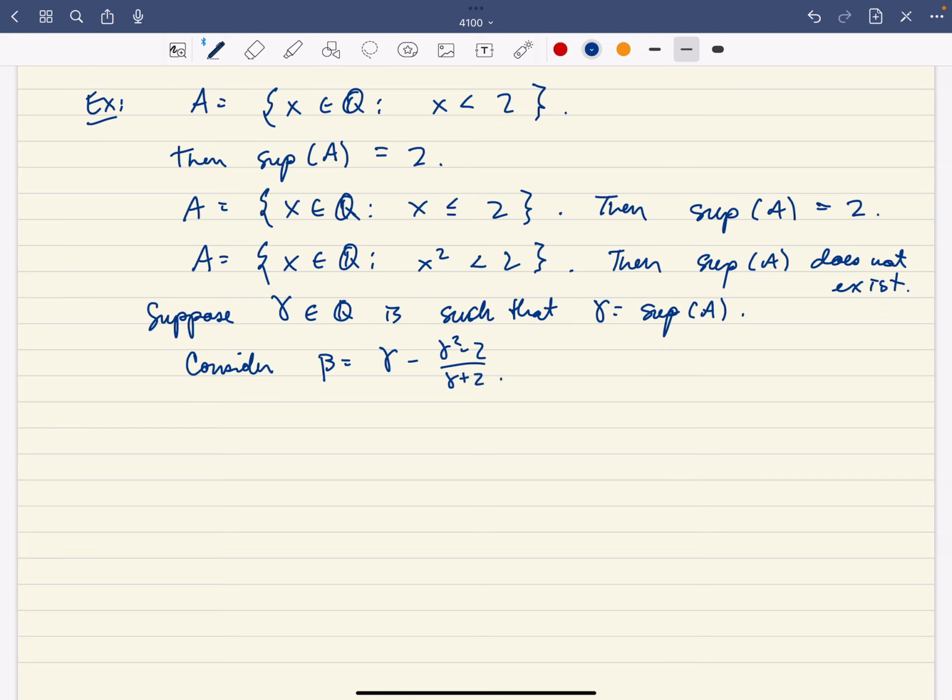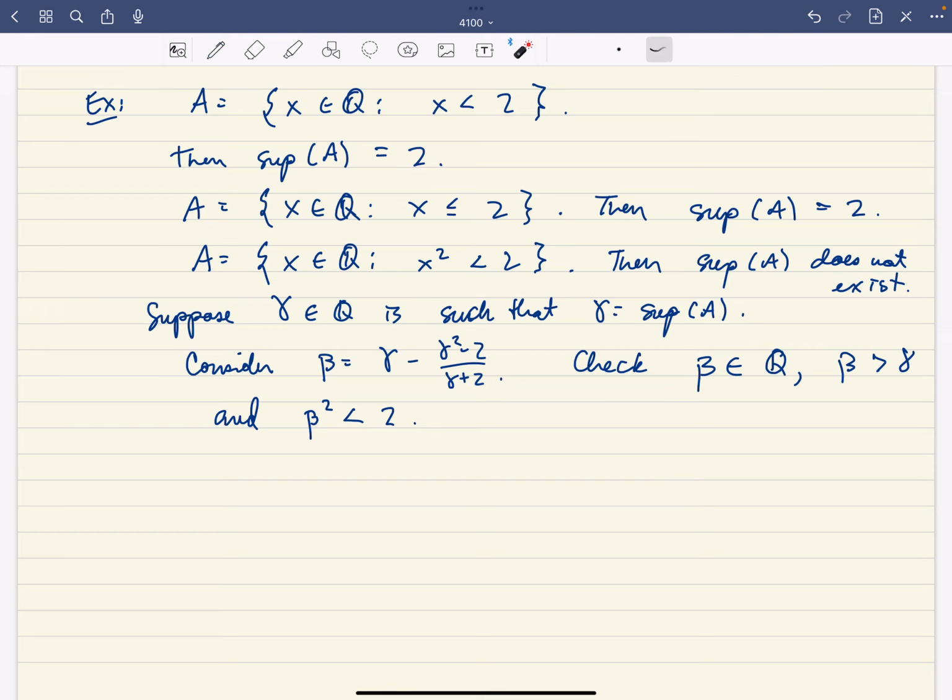And then you can check that beta is rational, you can check that beta is greater than gamma, and you can check that beta squared is still less than 2.